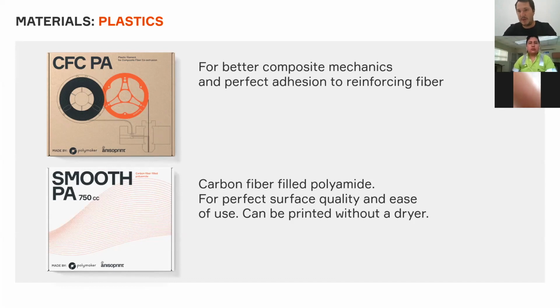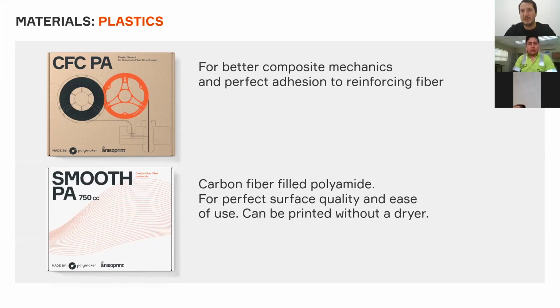It's also based on the PA12 material, but in this case, it's a chopped fiber infused material, carbon fiber filled PA12, and it ensures a perfect surface quality and ease of use and good smooth surface finish, very good breakaway supports, and printability and ease of use. And as it's based on the PA12, it doesn't absorb moisture, so it can be printed without a drying box.